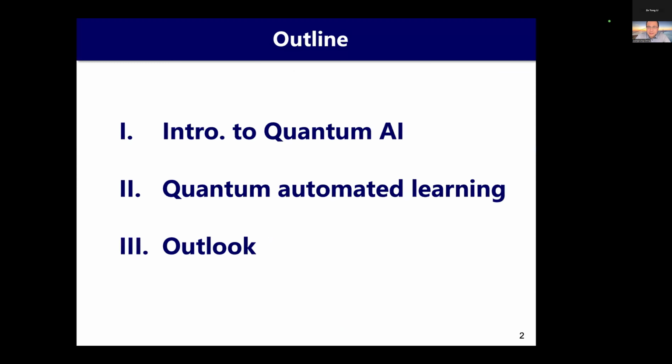Here is my outline. My group's current focus is on quantum AI, quantum artificial intelligence. So maybe I will give a very short, brief introduction to it. Especially, I will talk about some recent work on quantum error correction.